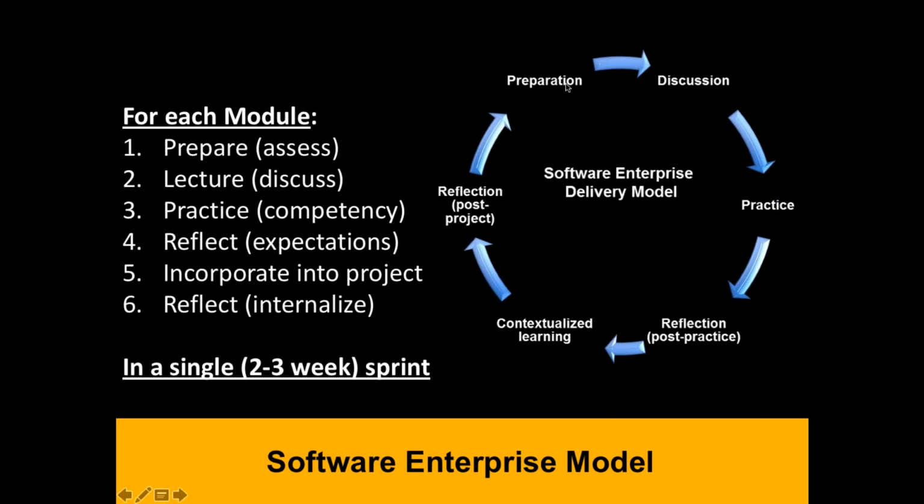So we have preparation here at the top. We start with preparation where students and faculty assess what's available. This could mean coming prepared to class even prior to the lecture.